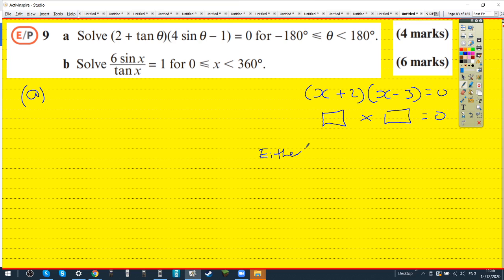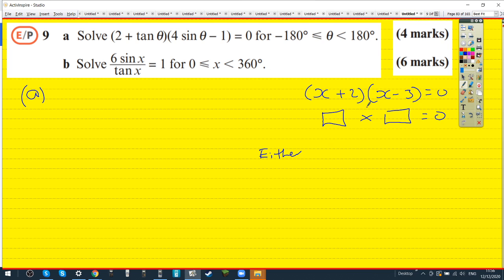It's possible. You could just do any number like 3 and 0. So one of them has to be 0. You can't have like 2 times minus a half or something and get 0.